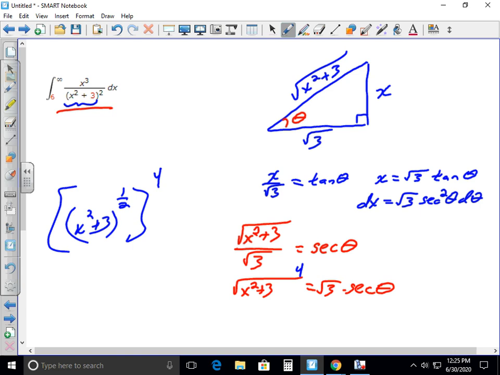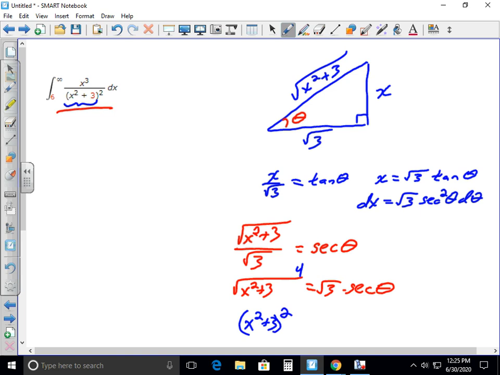If we raise that to the fourth power, when we multiply those exponents, we would get 2. So this is going to make x squared plus 3 to the second power. If we raise the left to the fourth power, then this whole thing gets raised to the fourth power. Since we have a product, we can do that to the fourth power and that to the fourth power. And that's going to give us 9 secant to the fourth theta.